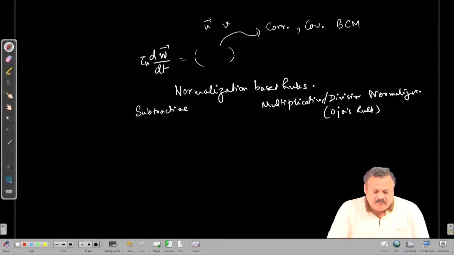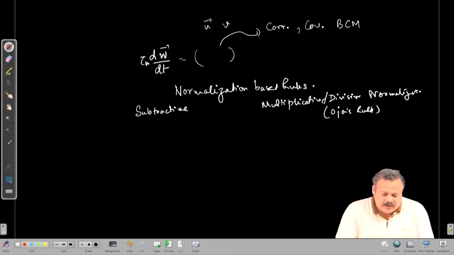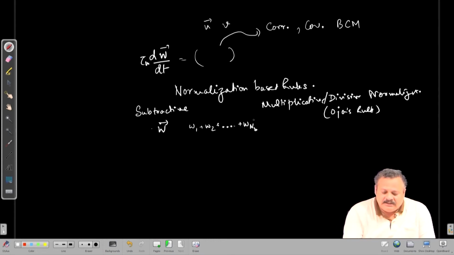So what do we mean by the subtractive learning rule? Essentially, we introduce this idea that the sum of our weights, that is w1 plus w2 up to w_Nu, where there are N_u weights, is constrained to be constant.